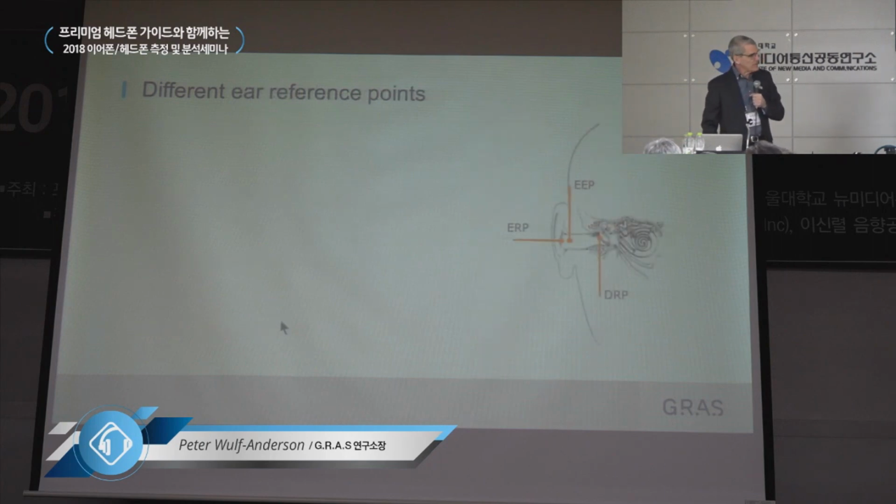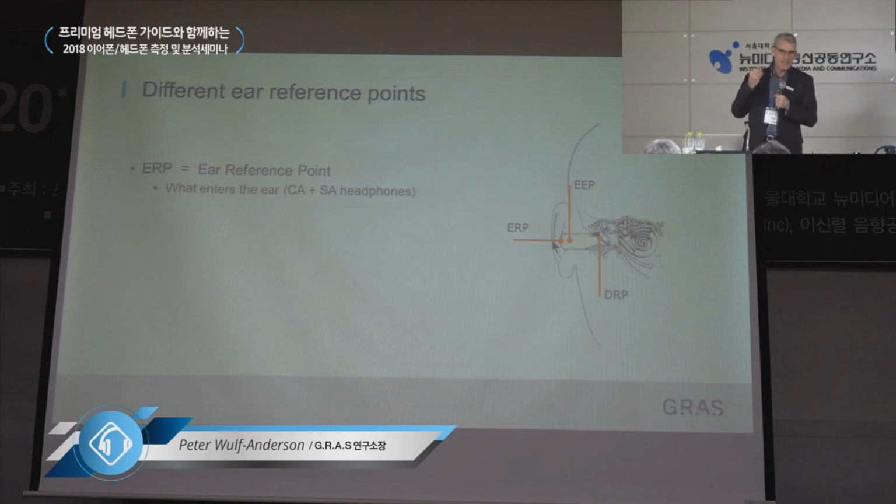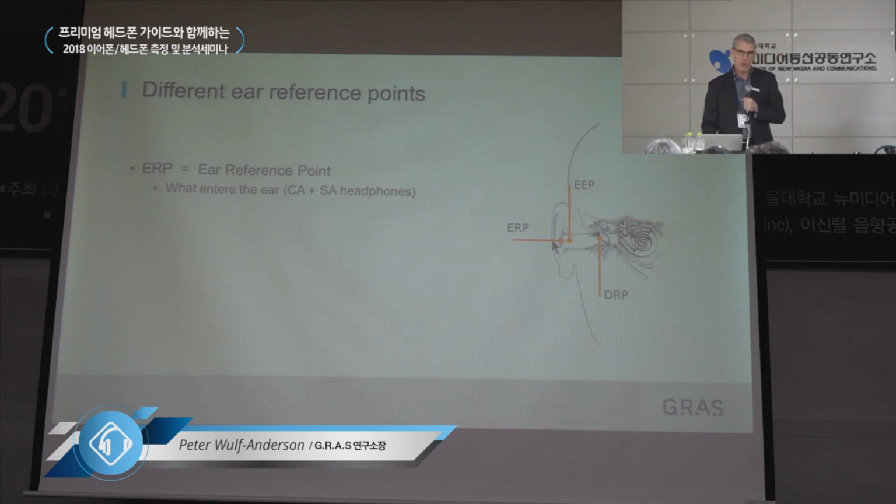Also, we have reference points in the ear. We do refer to different reference points. The first one is out here, in the open part of the ear, not right where the ear canal starts, but a little further out in the concha. That's called the ear reference point, and is typically used with ear simulators or ear couplers that are meant for the on-ear and over-ear headphones, or circumaural and supra-aural.